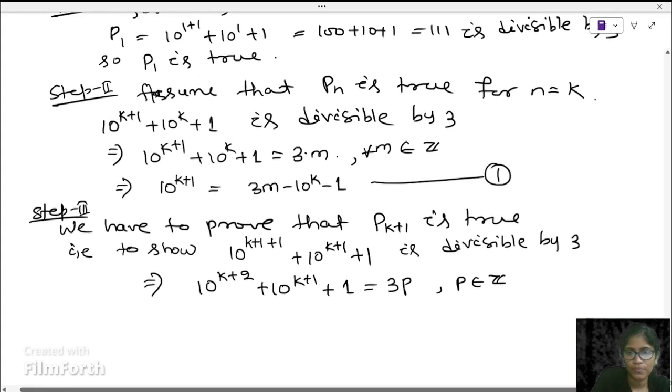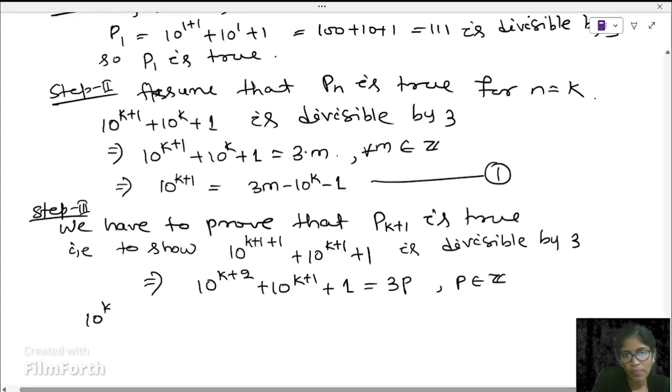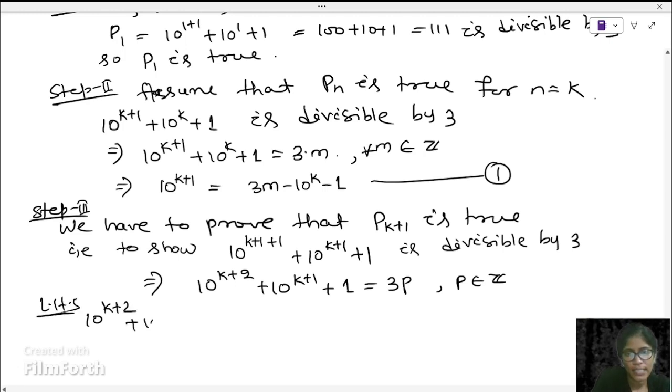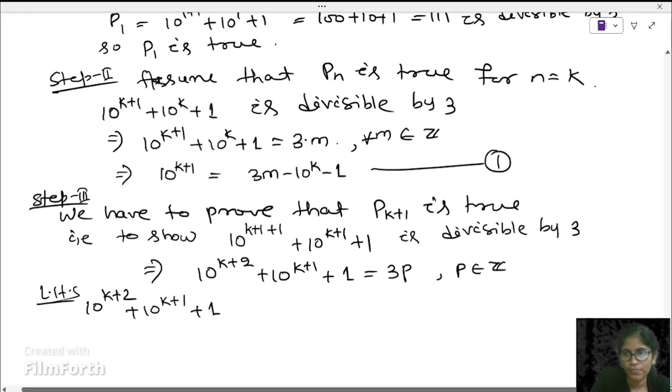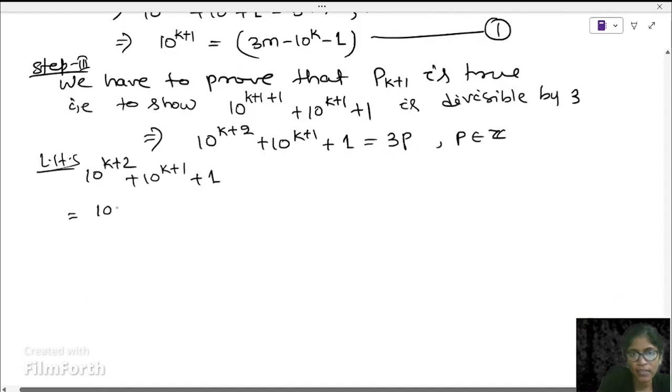Now, 10 to the power k plus 2, left hand side, plus 10 to the power k plus 1 plus 1. Right, 10 to the power k plus 2 is equal to 10 to the power k plus 1 into 10, plus 10 to the power k plus 1 plus 1.